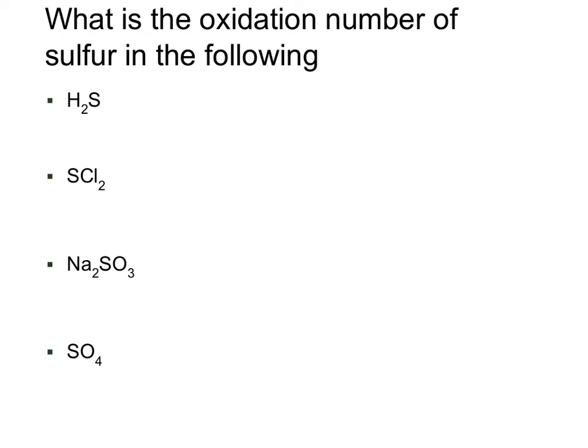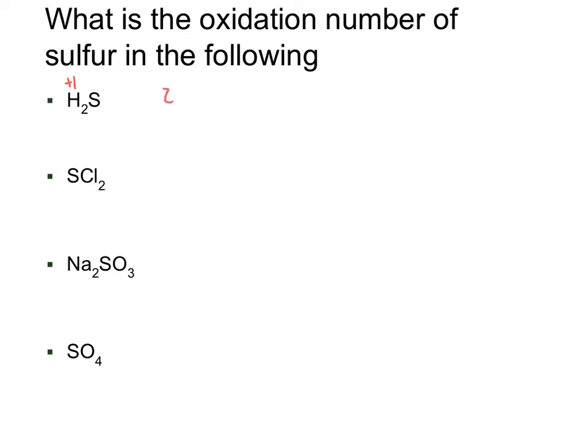So let's apply our rules here and find the oxidation number of sulfur in each of the following species. We can see here in the first one, hydrogen sulfide, that we have a covalent molecule, and so we can't use our rules applying to ionic charges, but we do know a rule that says hydrogen is always going to be an oxidation number of +1.